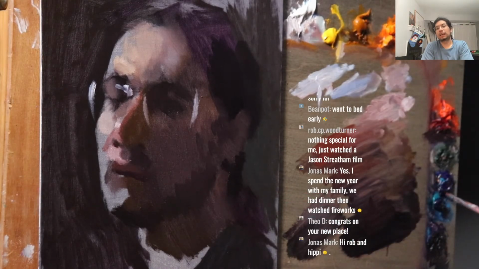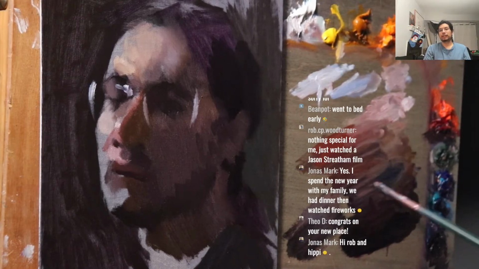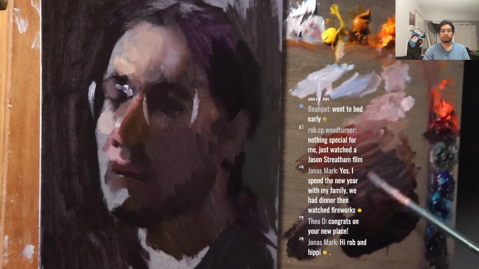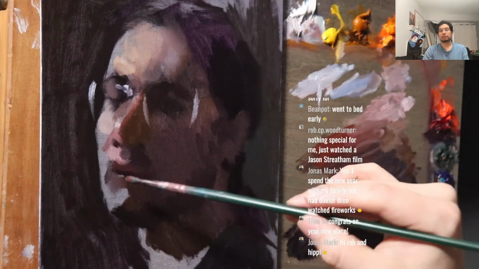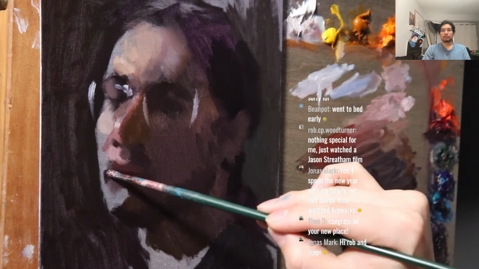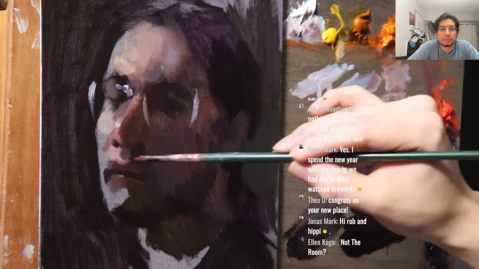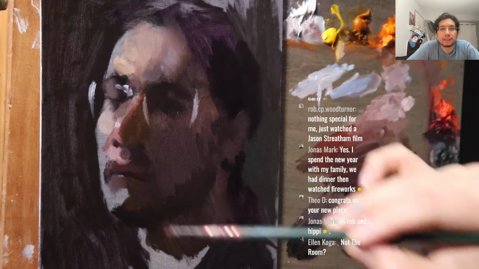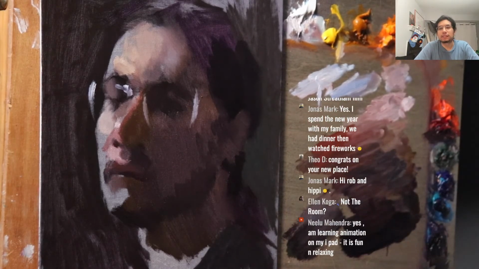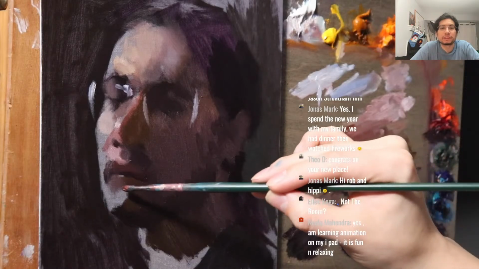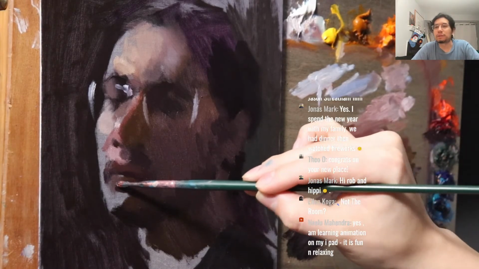As these are live streams, we will interact, like in the sense of conversing about things about life and all that stuff. But in terms of the painting, I will always explain whatever questions you have. So right now we're starting to subdivide our shapes. We're in the stage now where we're starting to subdivide from those big shapes to middle-sized shapes.